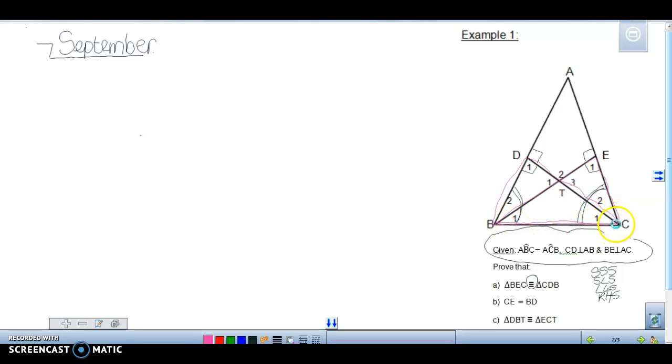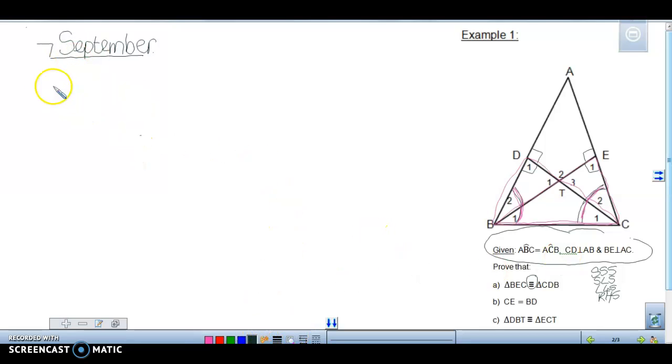Can you see that? And then also, voila, I've got these angles. Angle B is an angle of DBC, and angle C is an angle of ECB or EBC. Angle, angle, side. So let's write that.